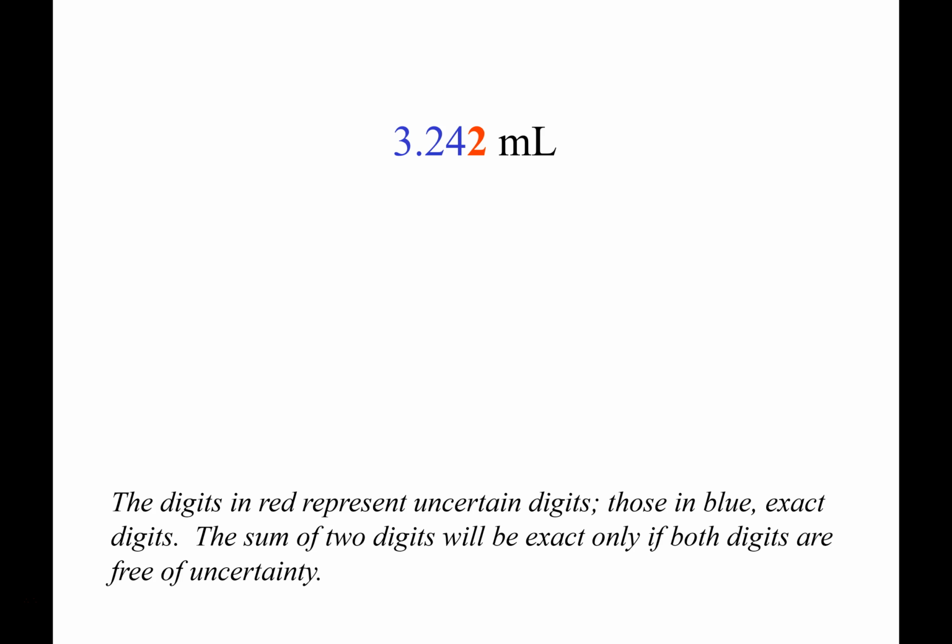This is the behind the scenes sort of thing. Again, the red number is uncertain, right? Red hot, red hot. We line them up on the decimal, bring them down. And do you see how, I love this term, the uncertainty propagated through the addition problem. So basically we have uncertainty here in the tenths due to our 26.4.